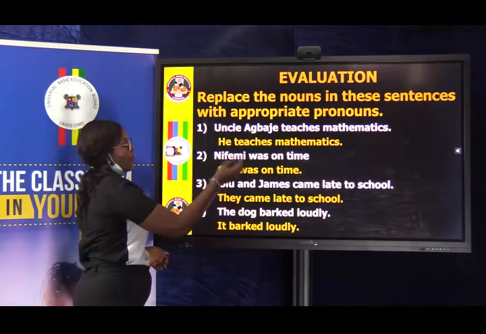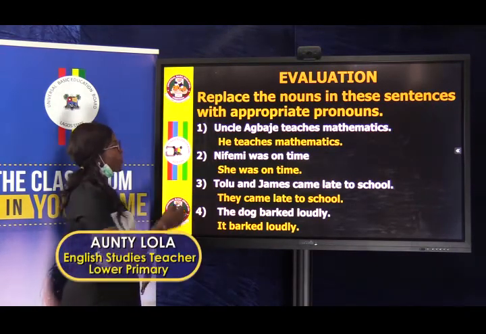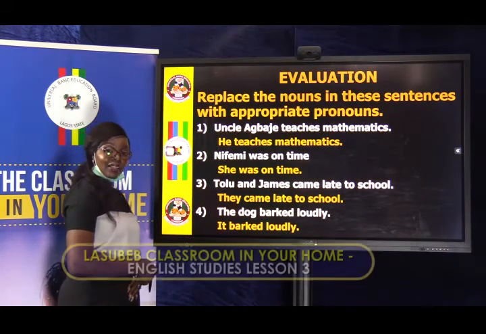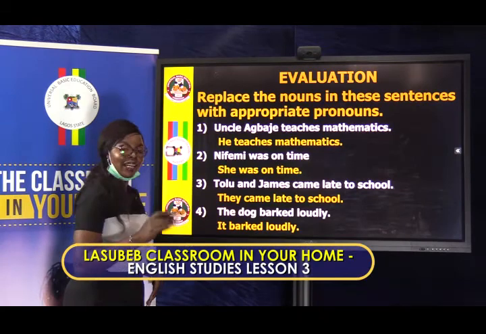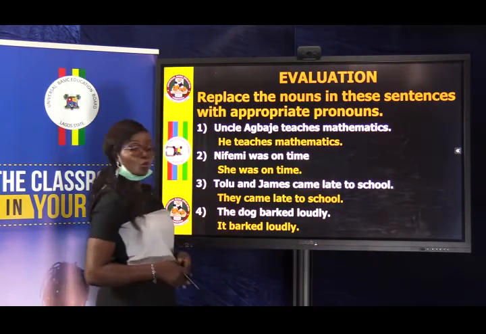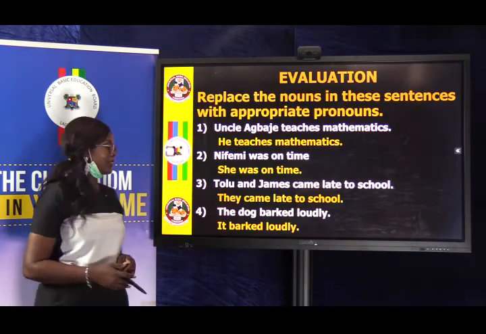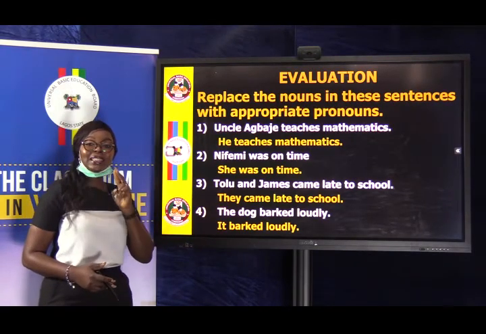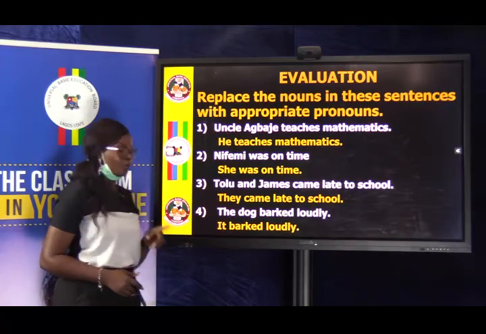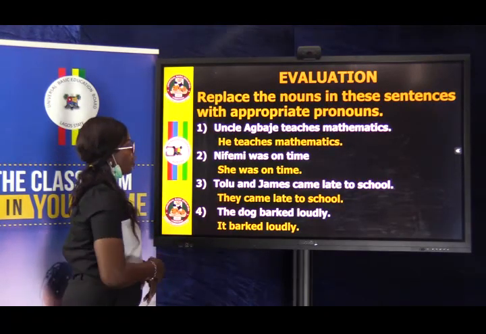It teaches mathematics. Nifemi was on time. The answer? She was on time. Tolu and James came late to school. 2 persons. We get they. They came late to school. The dog barked loud.